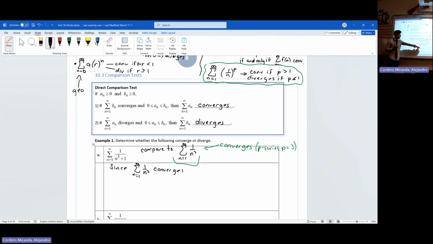So I said, since this series converges, and all the terms of the original series are smaller than all the terms of the series that I'm comparing it to. So in other words, 1 over n cubed plus 1 is smaller than 1 over n cubed, no matter what n I plug in there. So this is true for all n.